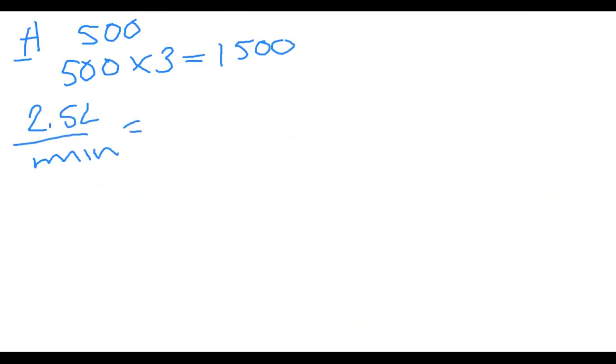And I need to know how long it lasts, or how much oxygen I will use in 60 minutes. Cross multiplication, 2.5 times 60 divided by 1. This is going to equal 150 liters in 60 minutes.